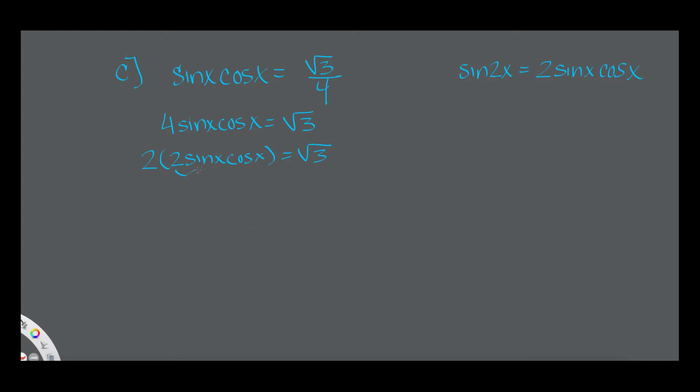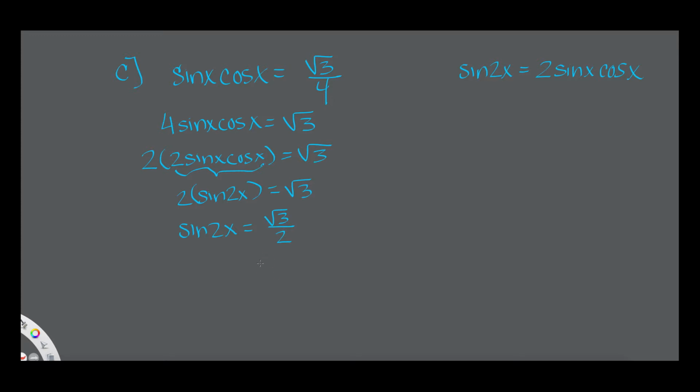All right, and now this is my double angle formula for the sine of 2x, right? So now I have 2 sine of 2x equals radical 3, and if I isolate the sine of 2x, I get that it is equal to radical 3 over 2.